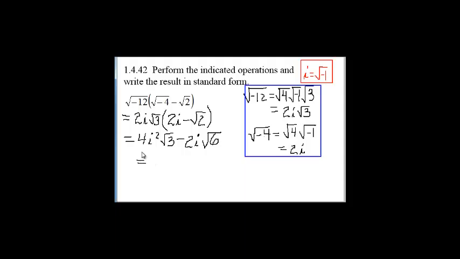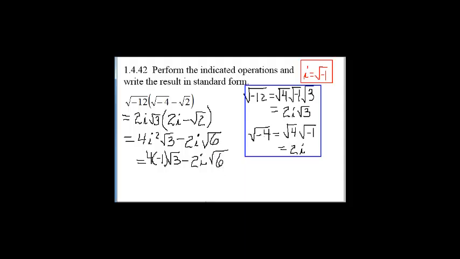We have to remember that i squared is negative 1. So here we have 4 times negative 1 times the square root of 3 minus 2i times the square root of 6.